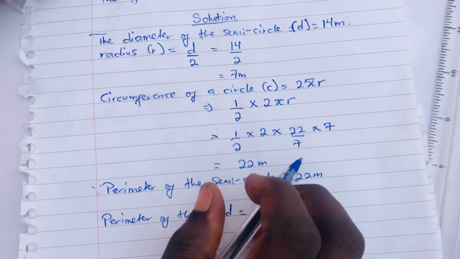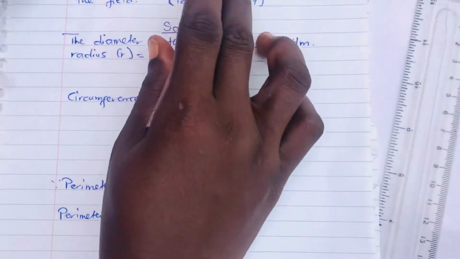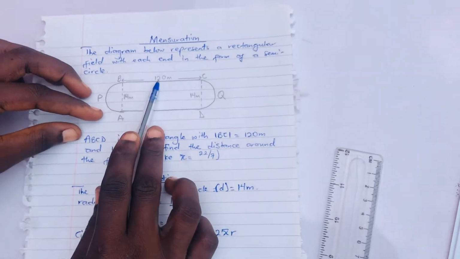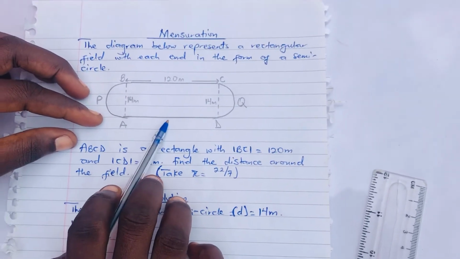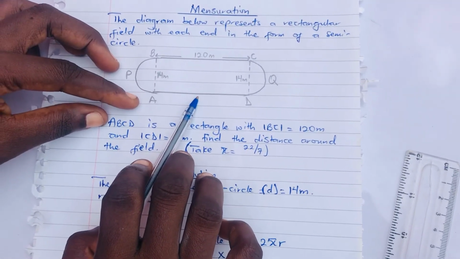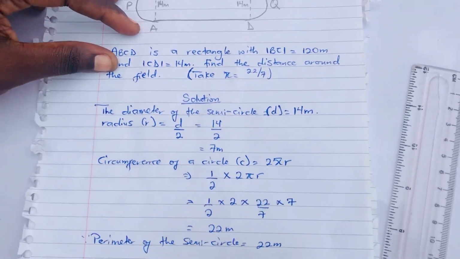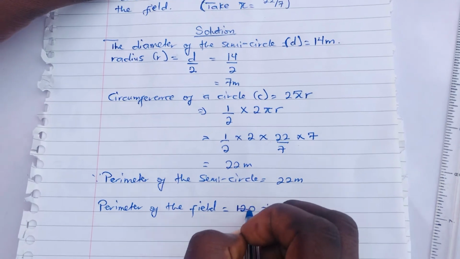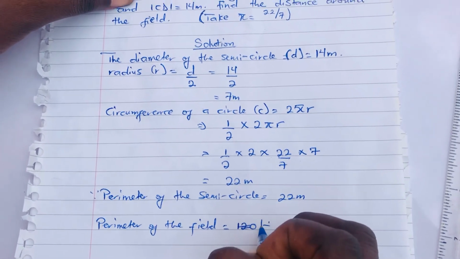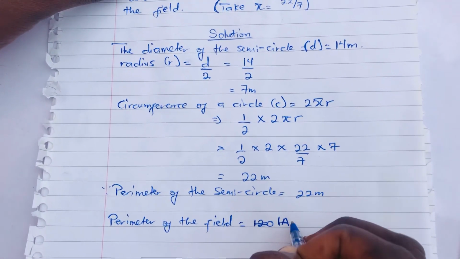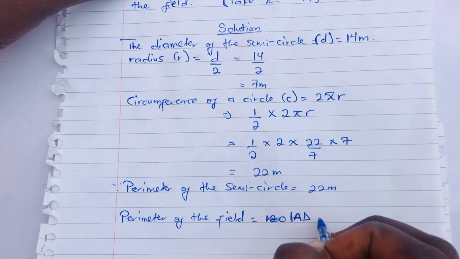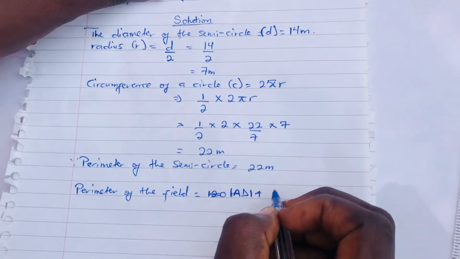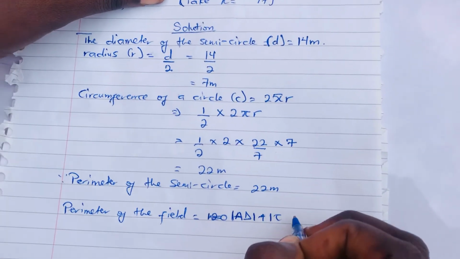good. So in this case, this is a rectangle. So if this side is 120 meters, it means that this side too is 120 meters. So we have line AD plus line CD or CB.